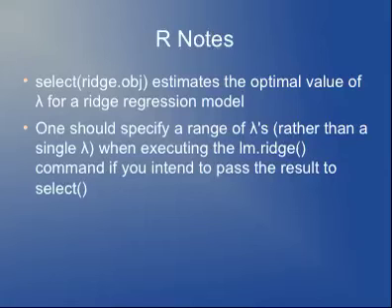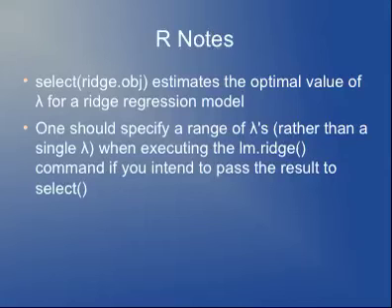The select command intends you to try a bunch of different values of lambda, and it tells you which one is the best. And fitting this model to a bunch of different values of lambda is actually very fast in R. Even doing it for 1,000 different values of lambda is basically an eye blink, so this shouldn't take too long to do, unless you try a bazillion values of lambda and your data set is huge.